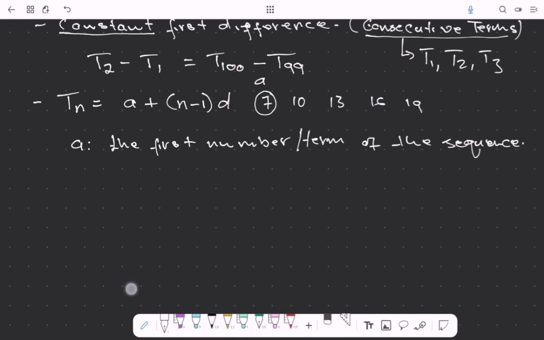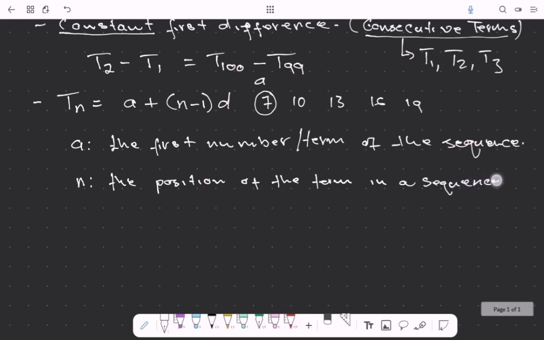What is n in the arithmetic number pattern? So n is the position of the term in a sequence, right? This is how you count the position. For instance, this A, we said, was in position 1 and it is the first term of the sequence.